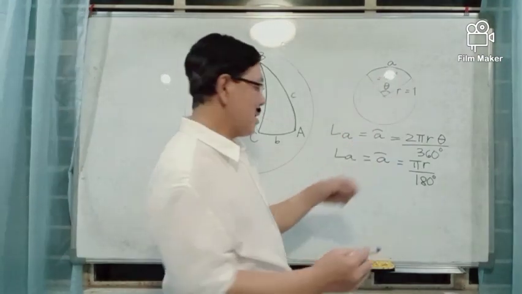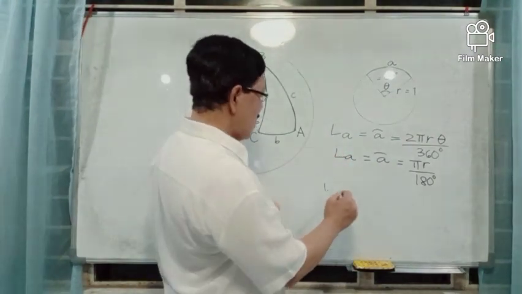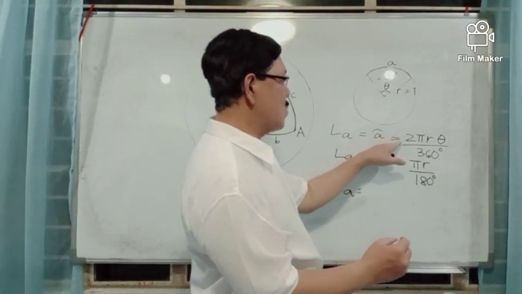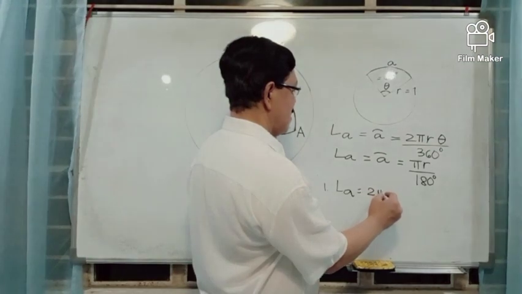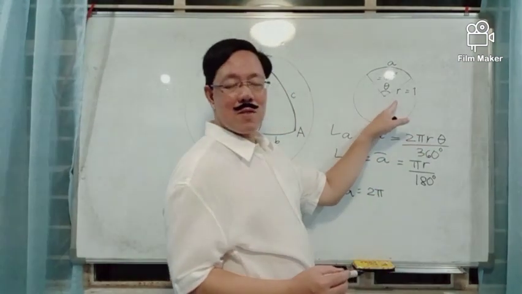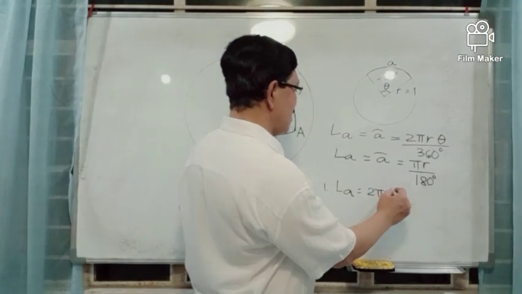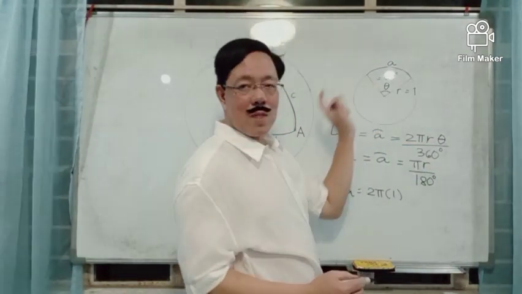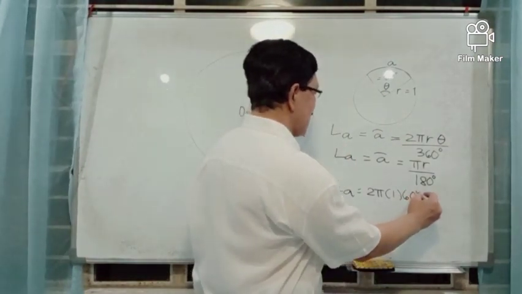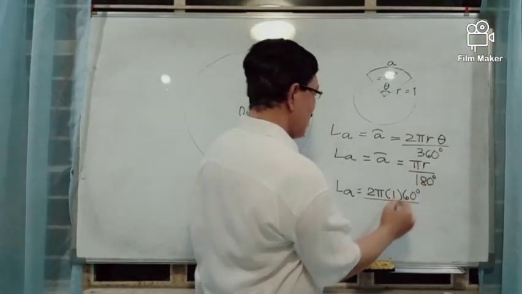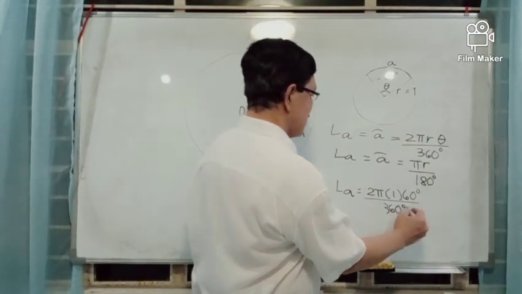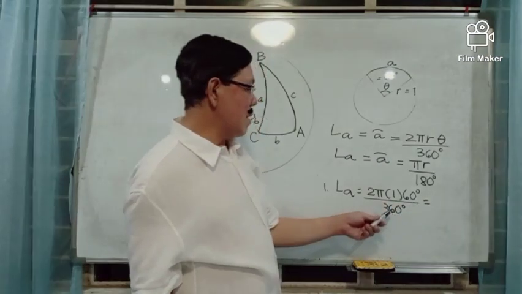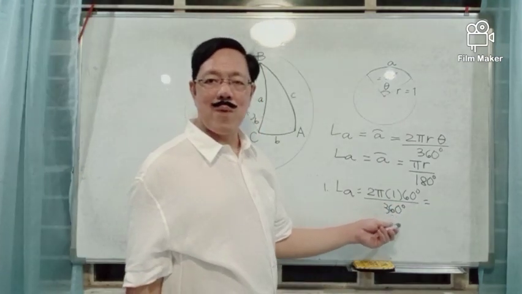We find the length of arc A by use of the first formula. L sub A equals 2 pi multiplied by R. The radius is 1, so this is a unit circle. Thus, multiplied by the central angle theta, which we take as 60 degrees, and divide by 360 degrees. And 60 and 360 are divisible by 60.